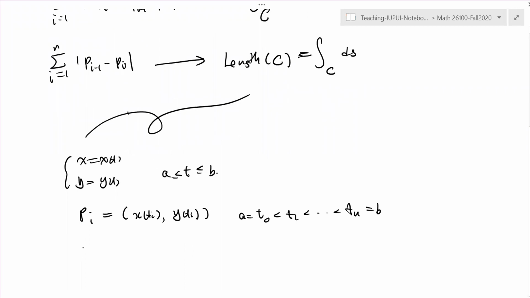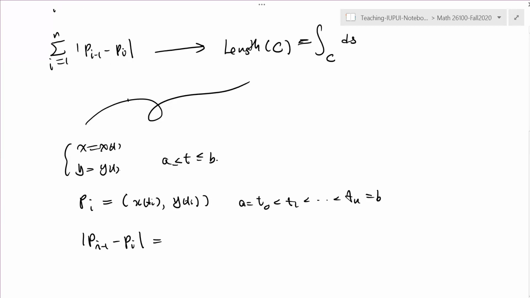And the distance between P(i-1) and Pi is going to be the length of r. Now this can actually be approximated.